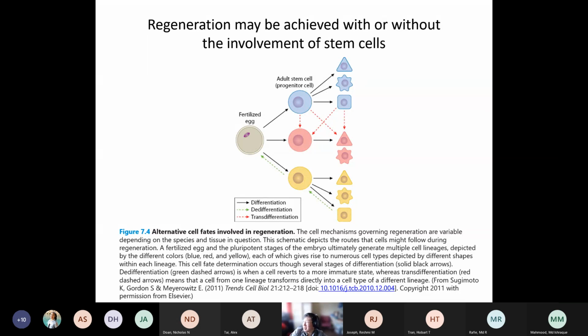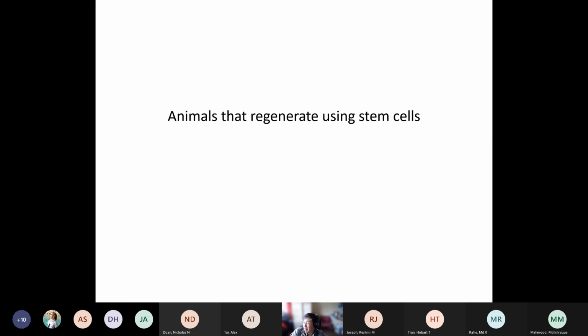So we have three terms that are very useful in the field of regeneration. Feel free to interrupt me anytime if you have questions. If not, I'm going to move on to the second part of today's discussion, and we are going to discuss animals that regenerate using stem cells.